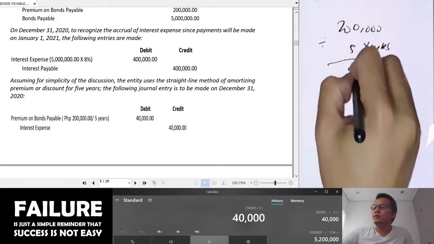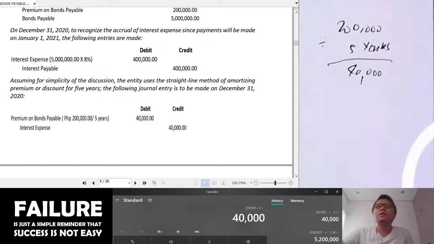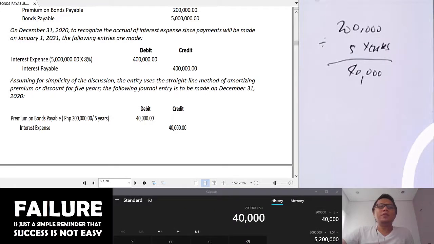So that is 40,000. Okay? So, in recording this 40,000, if we amortize a premium, basically the amortization of the premium would go to debit, or to be debited to premium on bonds payable.